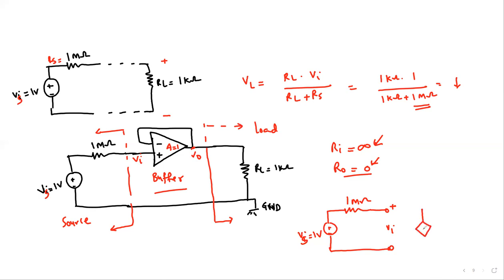At the output side of the amplifier, we have gain times Vi. The gain is actually 1. And the load is connected right over here. All right, so that's how we understand these concepts.